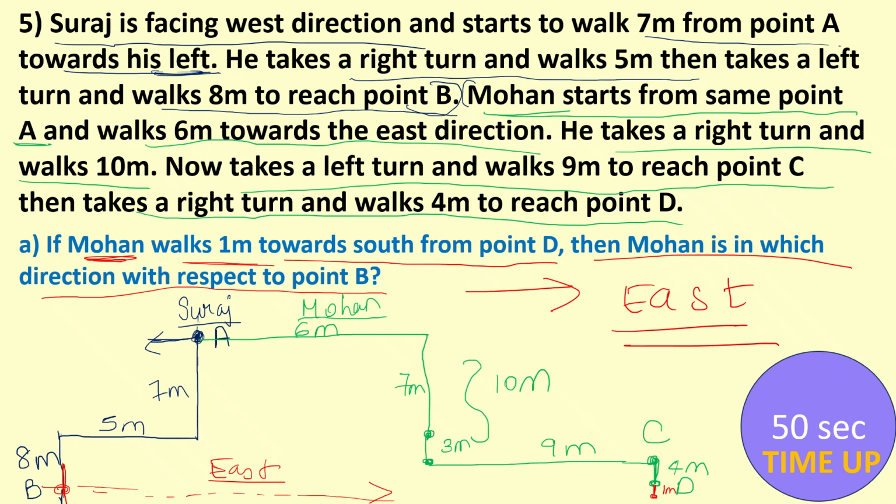East is the answer. Understood? This is a new type of question where you have two persons starting from a single point, that is A. Hope you understood this.